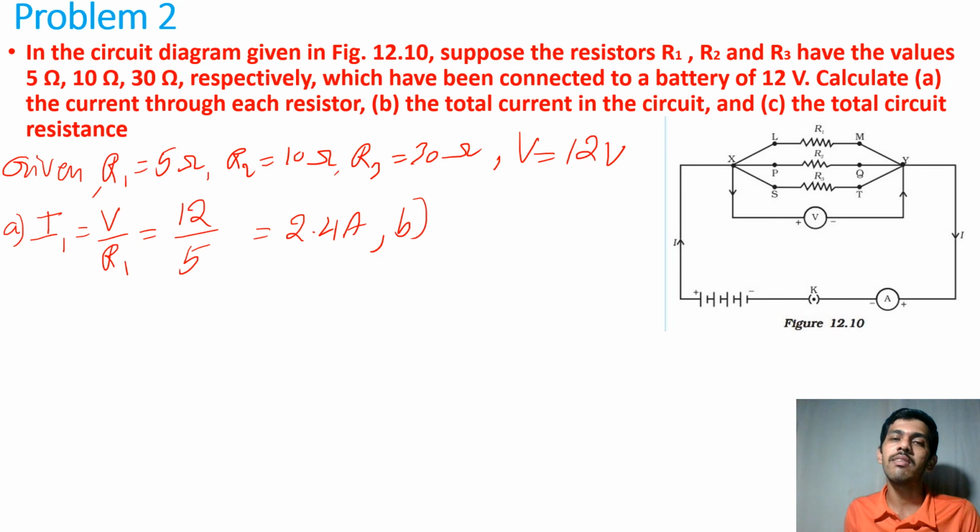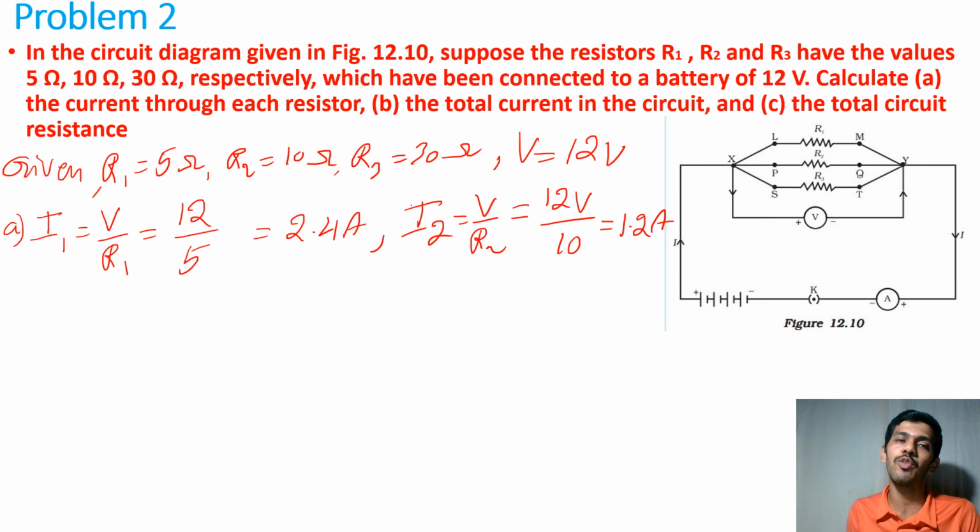Now I2 that we need. The current through the second resistor is equal to V by R2, which is equal to V is 12 volt divided by R2. R2 is 10. So which is equal to 1.2 amps is the answer for I2.